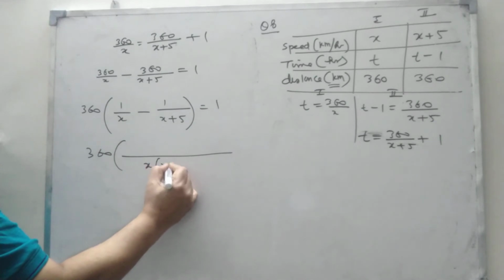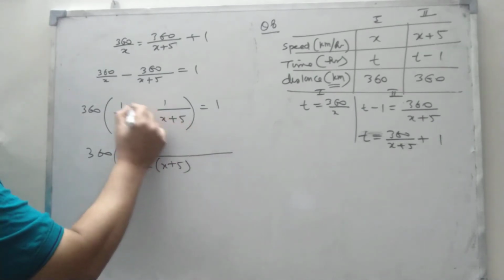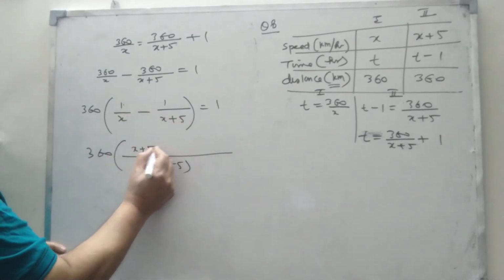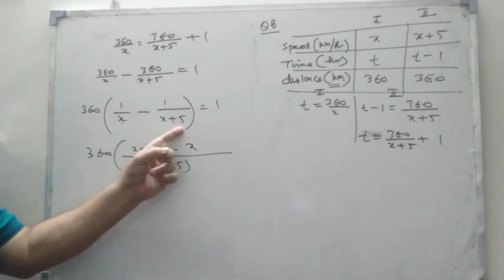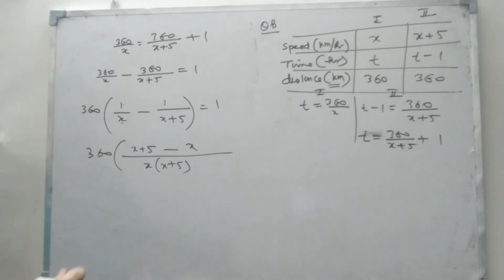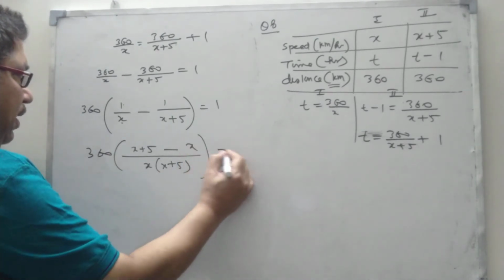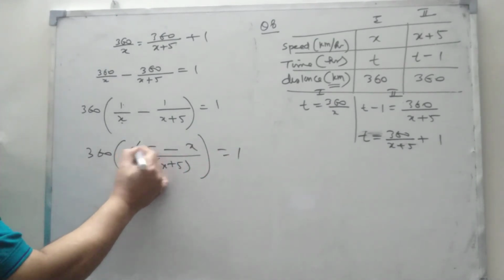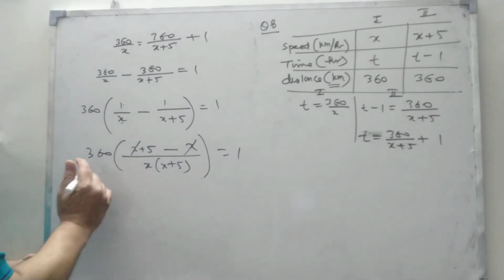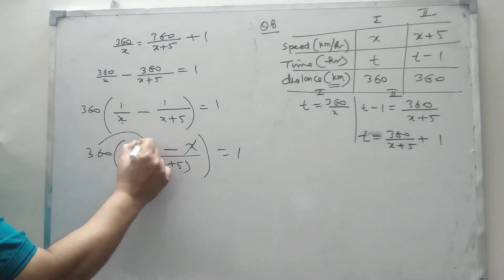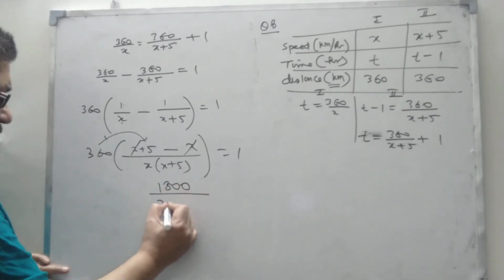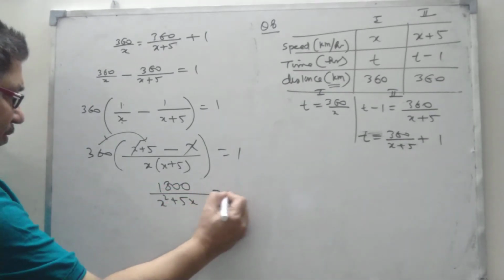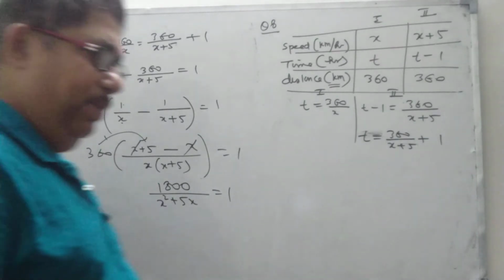LCM: x plus 5 into 1, minus x into 1, this into this, this into this. Equal to 1. x and minus x will get cancelled. 360 into 5, 1800, over x square plus 5x equal to 1.